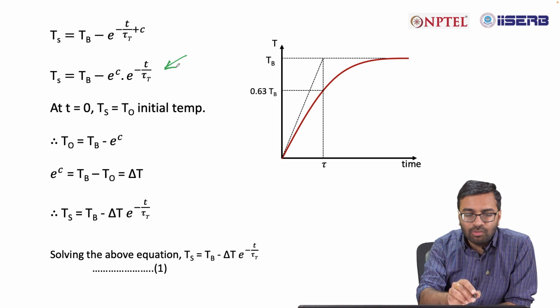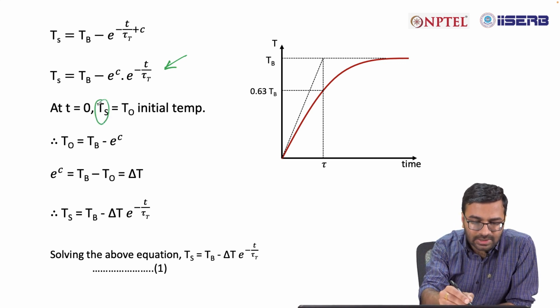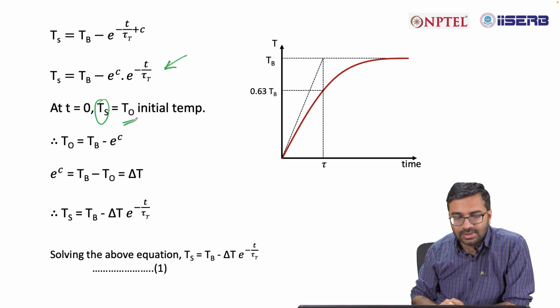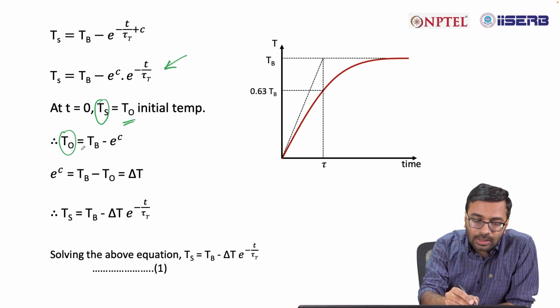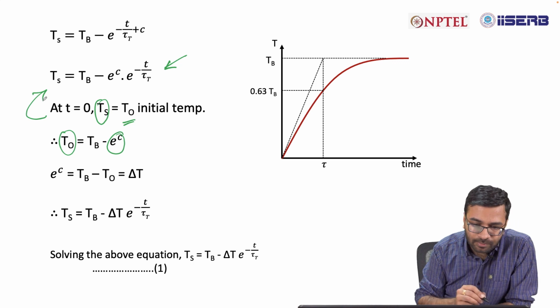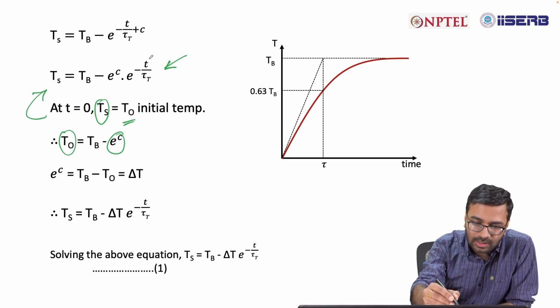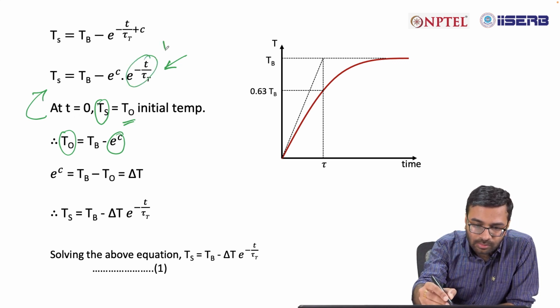Now, at t equal to 0, consider Ts is equal to T0, that is the initial temperature. Here T0 is the initial temperature. So your T0 is equal to Tb minus e to the power c. Just put these values over here. If your t is equal to 0, then this becomes 1.